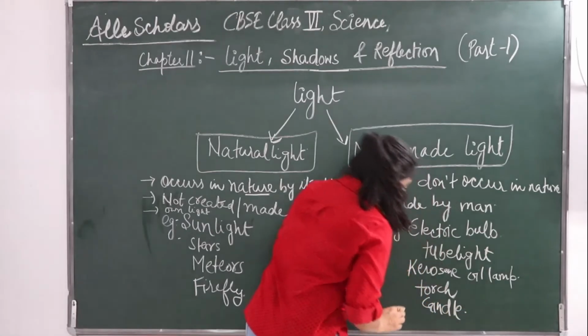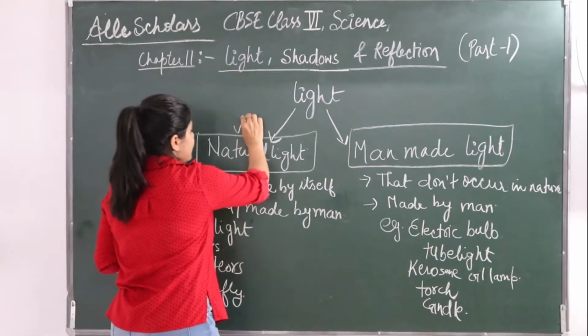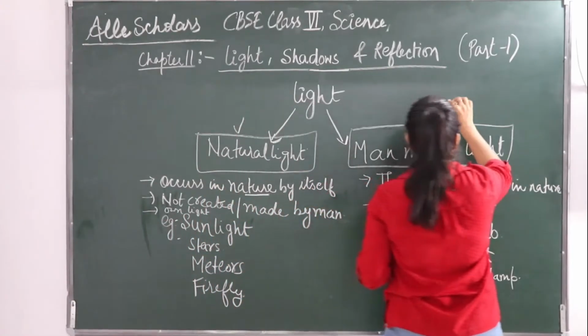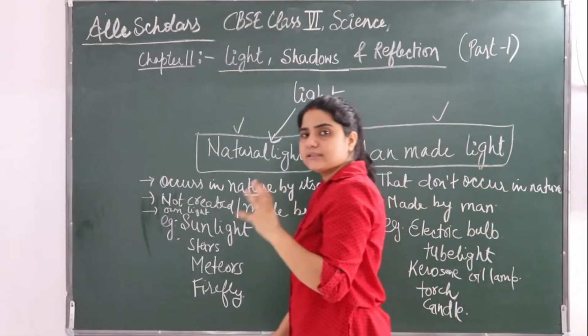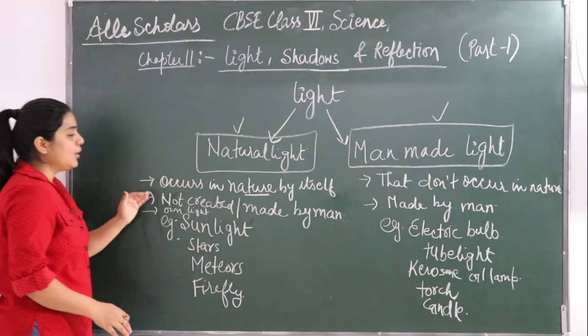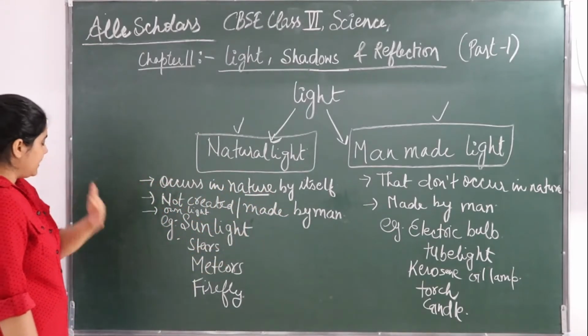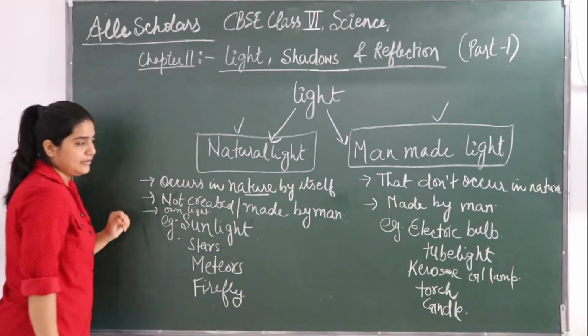So we can categorize light in two forms. The first one is natural light and the other one is man-made light. Natural light is light that occurs in nature on its own. Nobody has created it, nobody has made it. Examples are sunlight, stars, meteors and firefly.